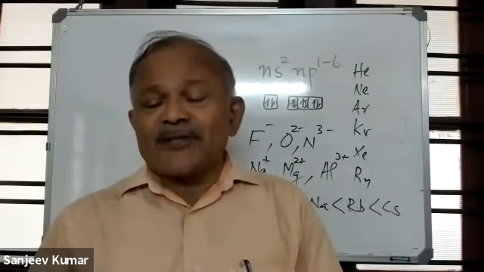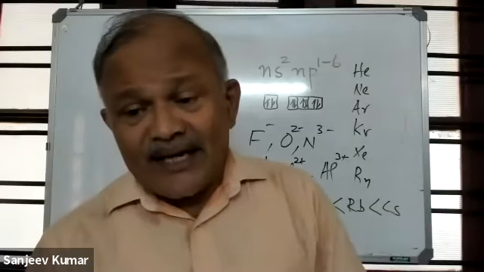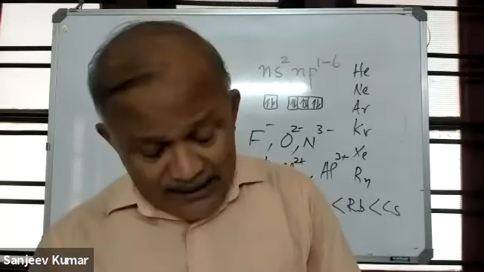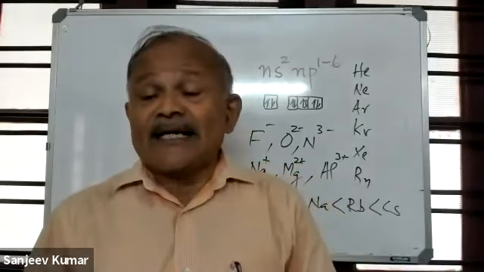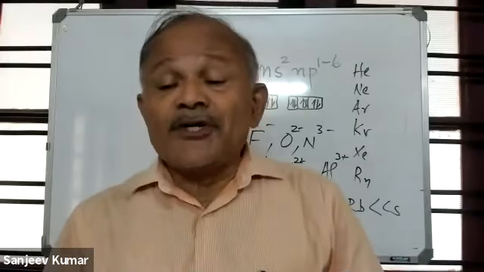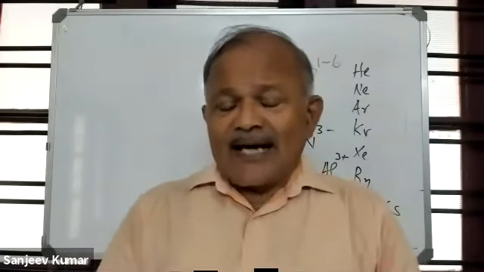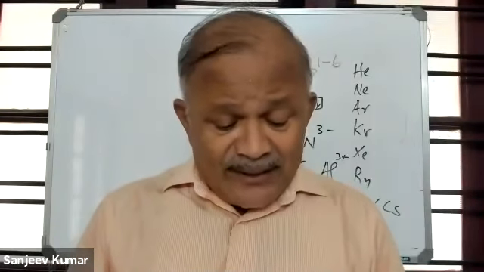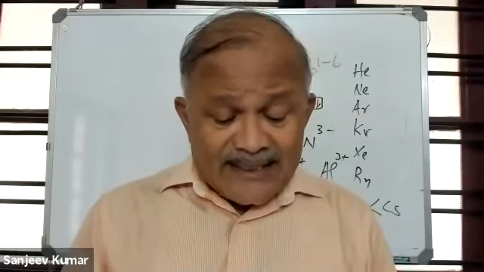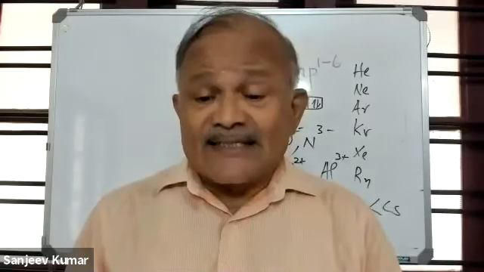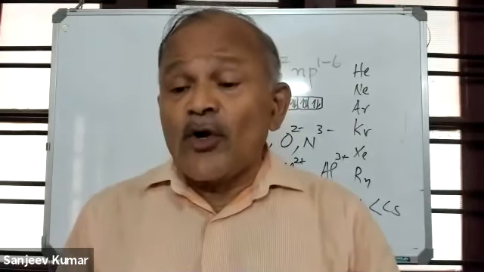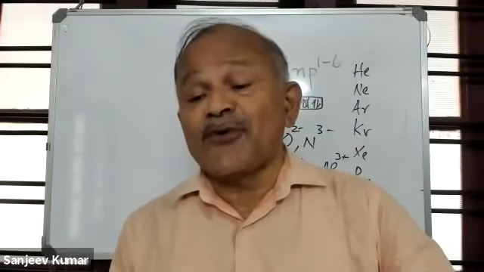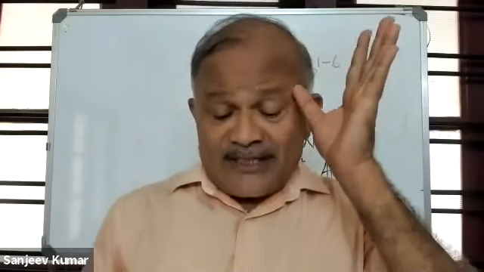In addition to that, there are 3d6, which means 18 plus 6, 24 electrons. So the question is, which among the following ions contains 24 electrons?